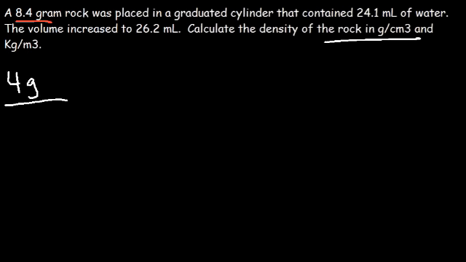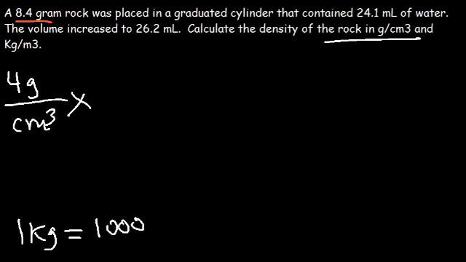So we need to convert it. So what is the conversion between kilograms and grams? 1 kilogram is 1,000 grams. Kilo represents 10 to the third, which is 1,000. And 1 meter is 100 centimeters.